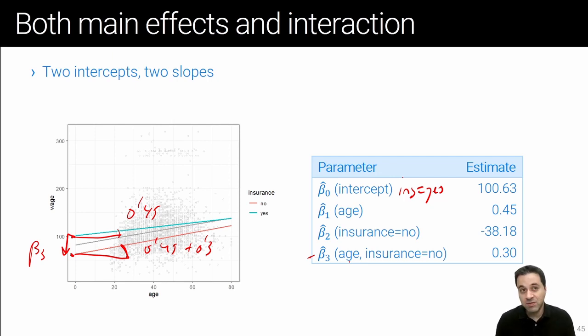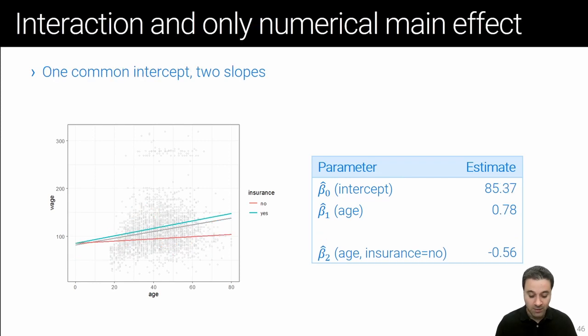Now, in some situations, you might be interested in saying, okay, I want to have two different slopes because the effect of the age might be different, but I want to force into the model that they have the same intercept. Maybe that makes sense. And this is one of the cases in which we may be interested in applying domain knowledge to force the model to say, hey, they have the same intercept, or they don't have parallel lines, or they do have parallel lines. This is where we apply domain knowledge.